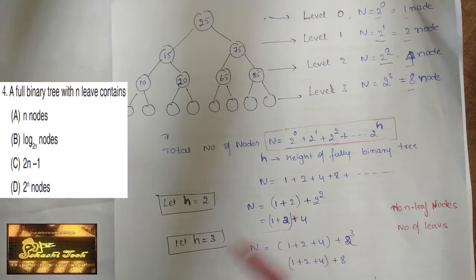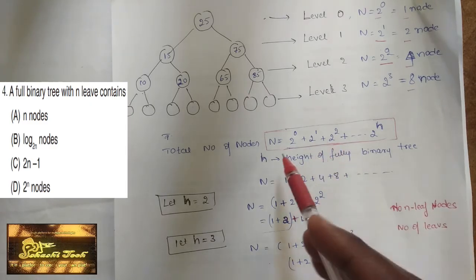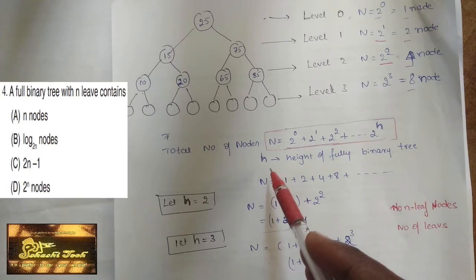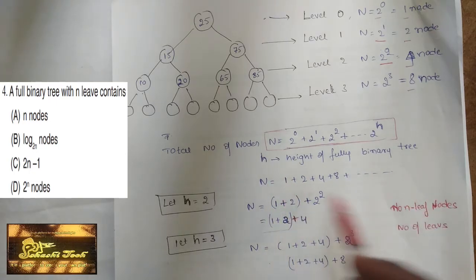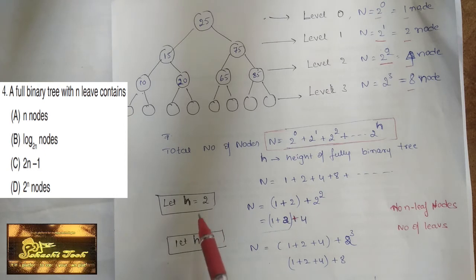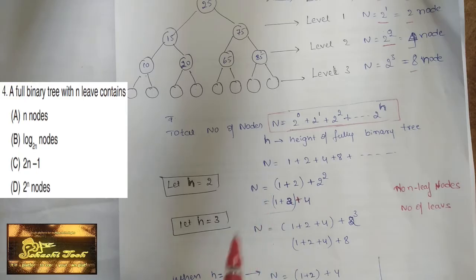In order to calculate the total number of nodes, we have the formula like this, where h is the height of the full binary tree. It gives the following result. Let us consider the height to be 2. It gives 1 plus 2 plus 2 power 2, which is 1 plus 2 plus 4. In a similar way, let height be equal to 3. It gives the following equation.